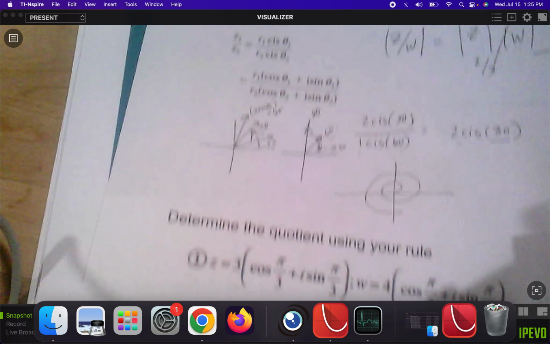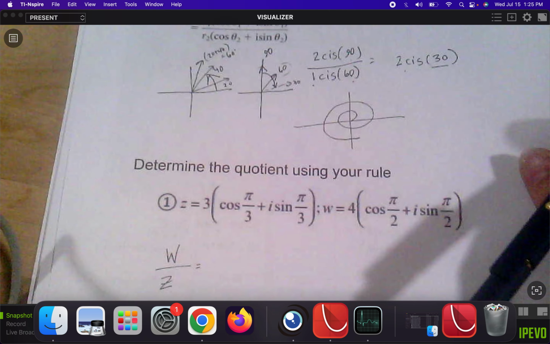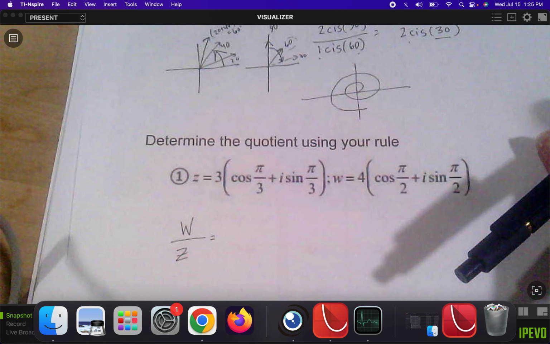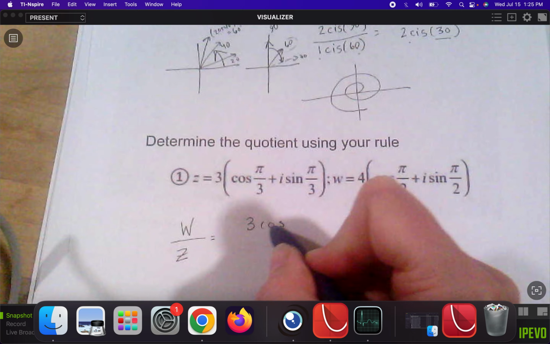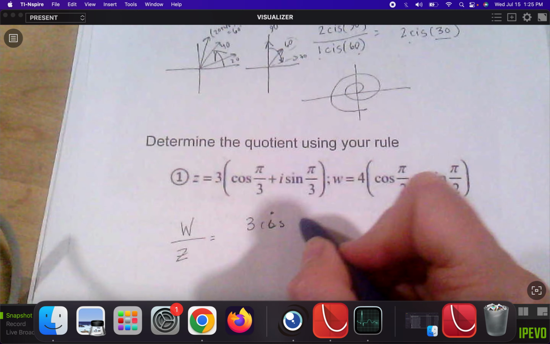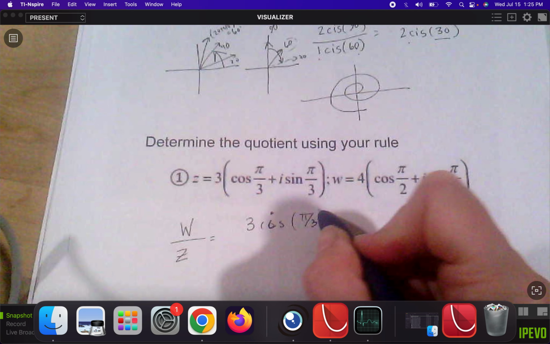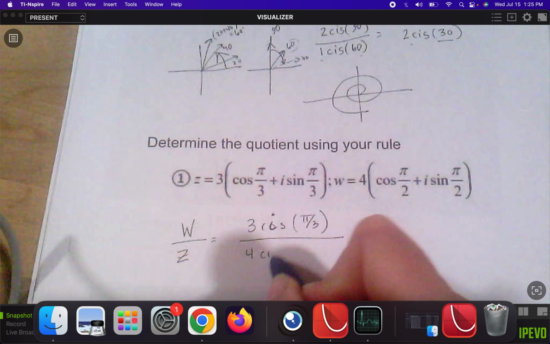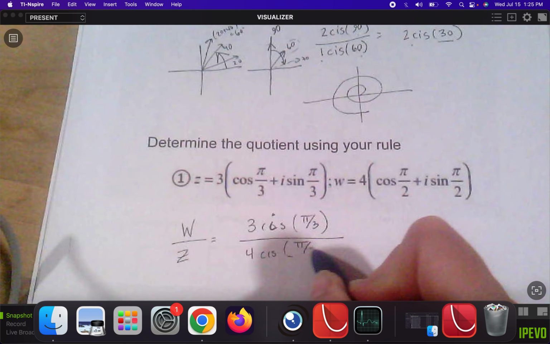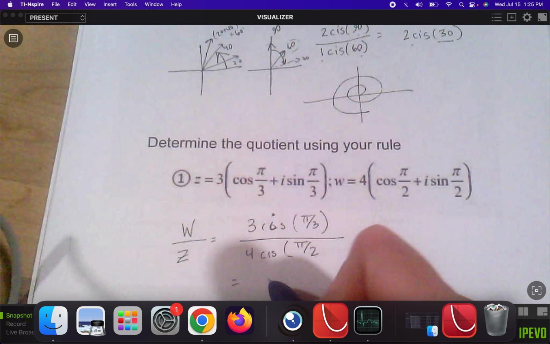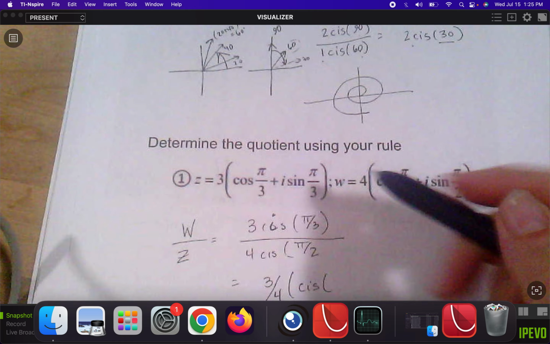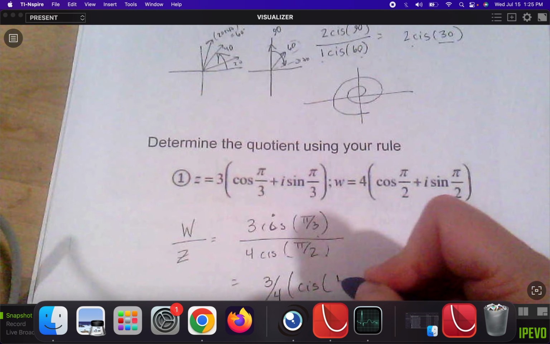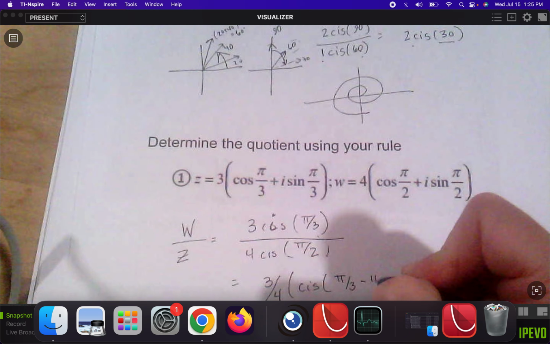So if instead of having 3 times 4, we had 3 over 4, right? 3 cis pi over 3, and 4 cis pi over 2, then our result is just going to be 3/4 cis, and instead of adding these together, we're going to subtract them from each other, okay?